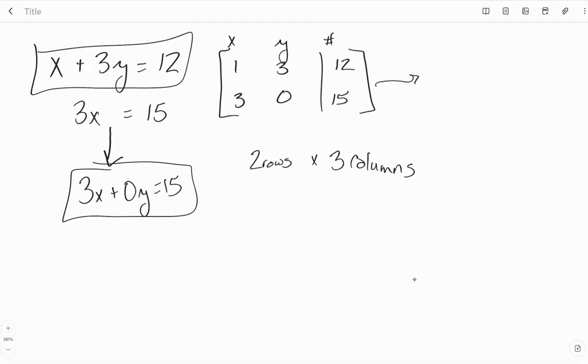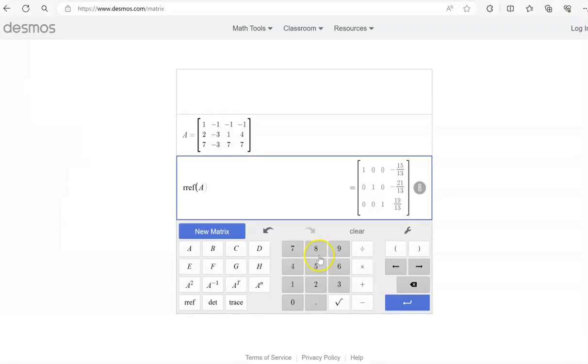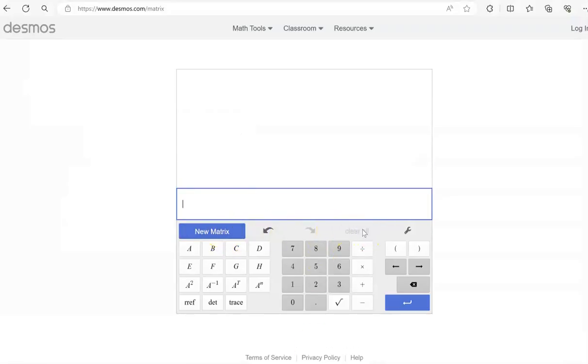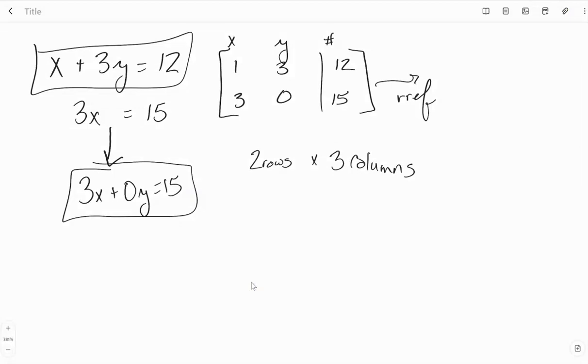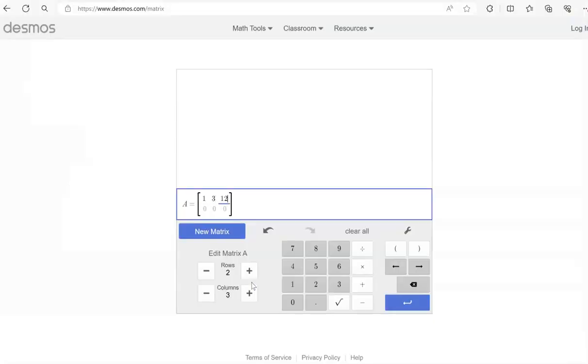And then we can do RREF. I'm going to clear this out. Two rows, three columns. Hit enter.